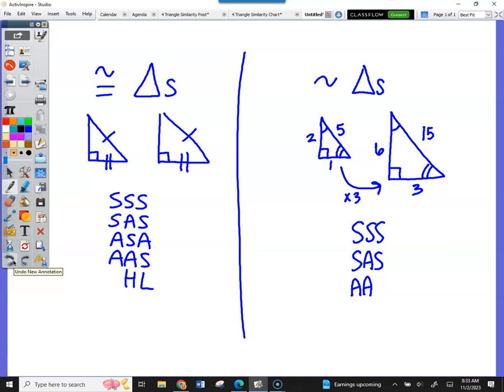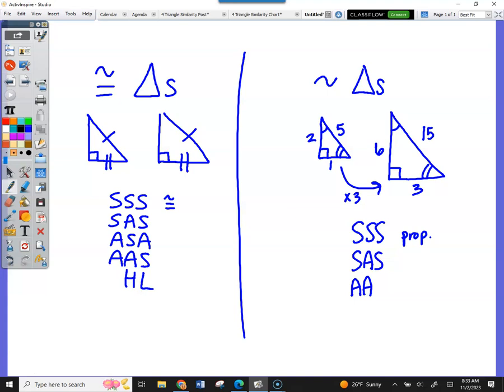Okay? If we show that all 3 sides are proportional, not congruent, you might be thinking, well, wait a minute, how can there be an SSS under both? This was all 3 sides have to be congruent, right? This is all 3 sides have to be proportional, meaning like what I just showed you right here. 2 times 3 is 6. 5 times 3 is 15. 1 times 3 is 3.